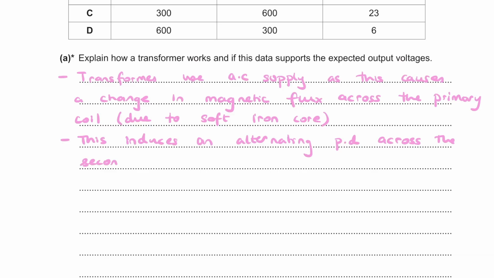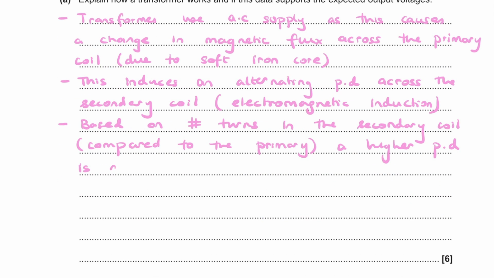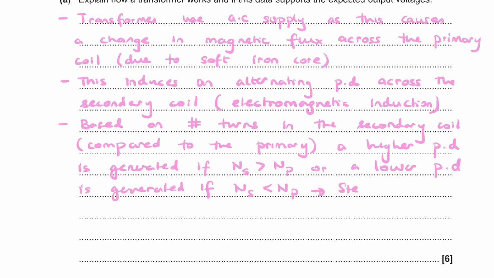So now, based on the number of turns in the secondary coil compared to primary, a higher potential difference is generated if NS is greater than NP, or a lower potential difference is generated where NS is less than NP. And that's called a step up or a step down transformer, respectively.